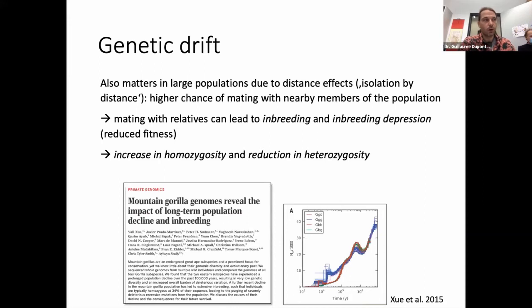That is a lower chance to survive and a lower chance to reproduce. We will talk about fitness later today. And inbreeding depression, we have discussed this also last time, can lead to an increase in homozygosity, so the loss of certain alleles.